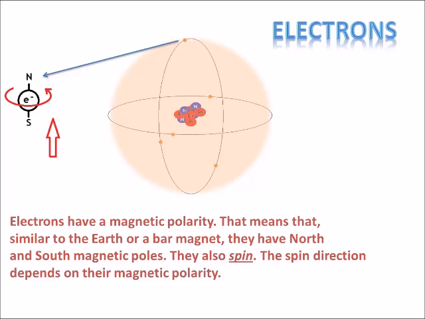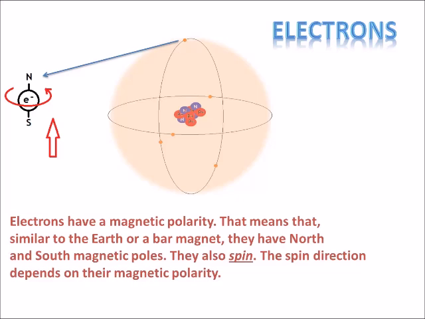The north pole appears to be pointed up and the south pole appears to be pointed down. And I've drawn an arrow to represent the spin of the electron.